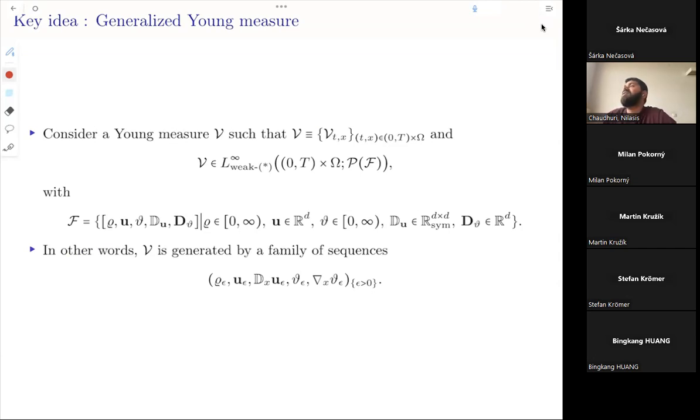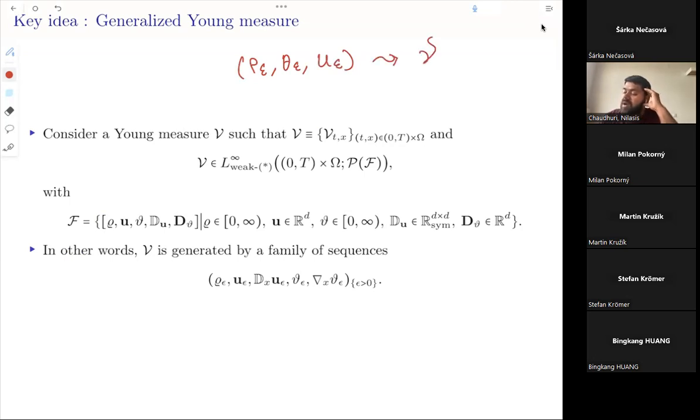In general, Young measure theory says that if you have a sequence, we know that our variables are density, temperature, and velocity, and maybe I use this notation, some sequence like this, and they are generating a Young measure nu.